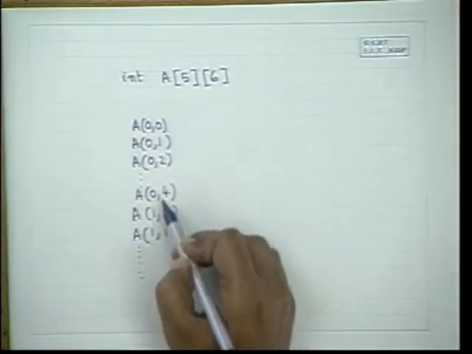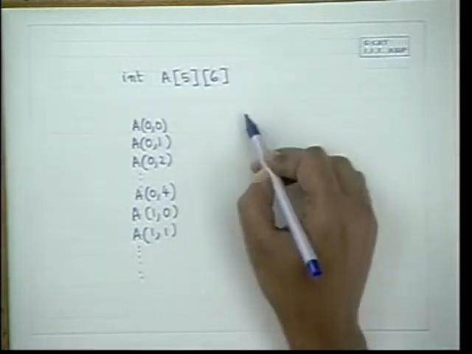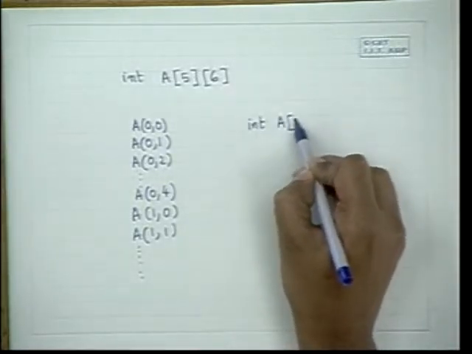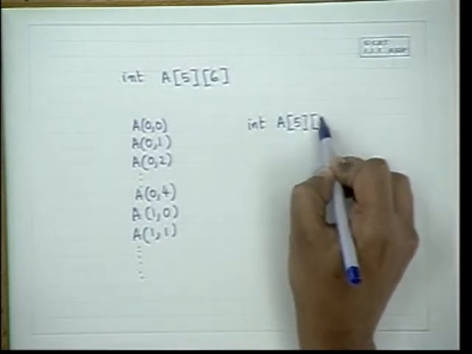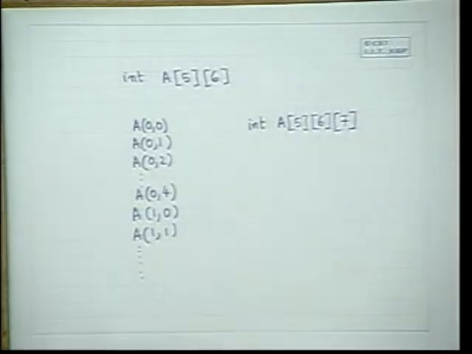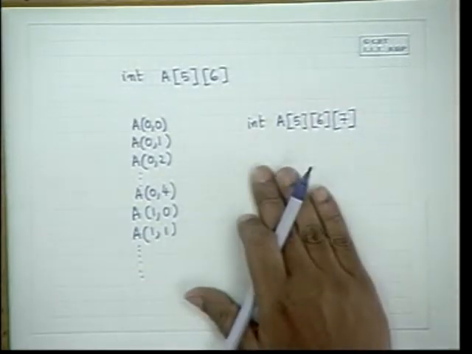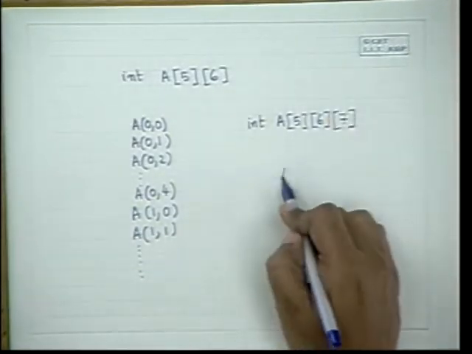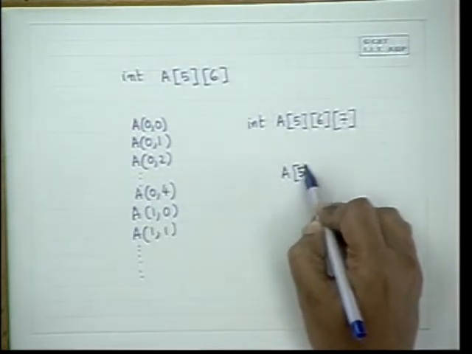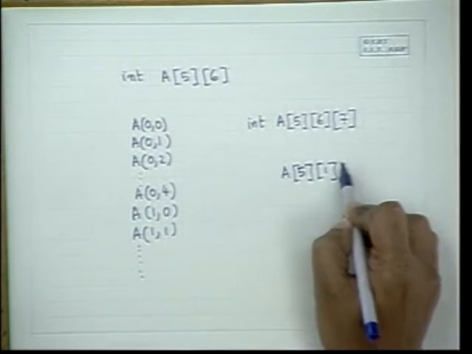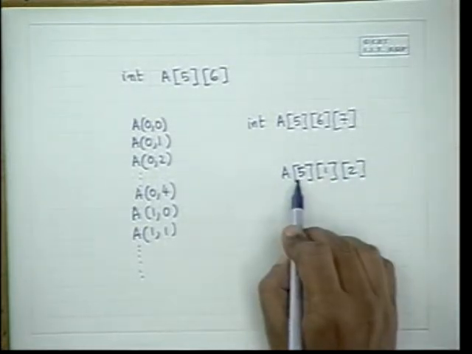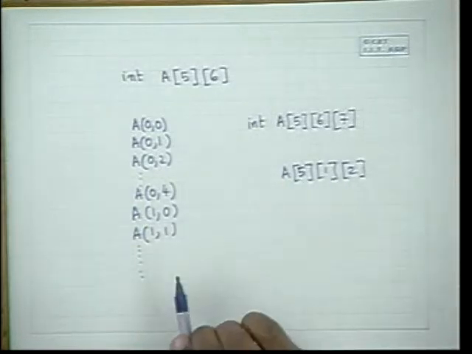So this is the sequence of contiguous locations, and if you declare a 3-dimensional array, and if you write A512, it will give you the value of the location 512.